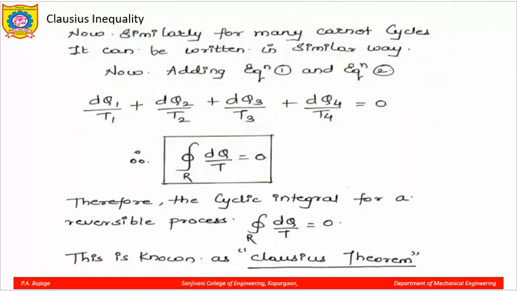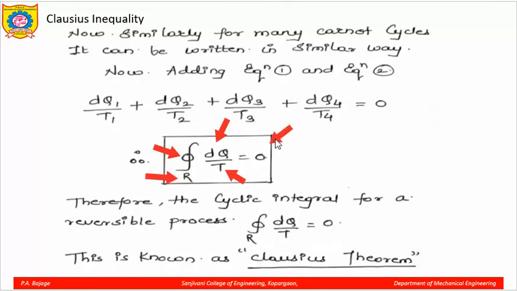Here the cyclic integral sign is for a cyclic process, r is for the reversible cycle, dQ is the heat and T is the temperature at the given instant of time, is equal to or less than 0.